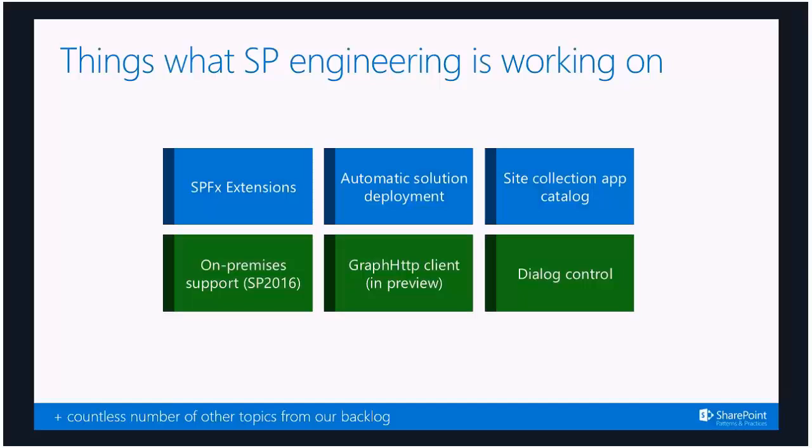So when you're then running the Yeoman template, whenever we push out those updates, it will ask whether you are targeting on-premises or online, and if you choose on-premises, then you are creating a client-side web part. If you're choosing SharePoint Online, you're still able to create an extension or a client-side web part. So hopefully that clarifies that situation.